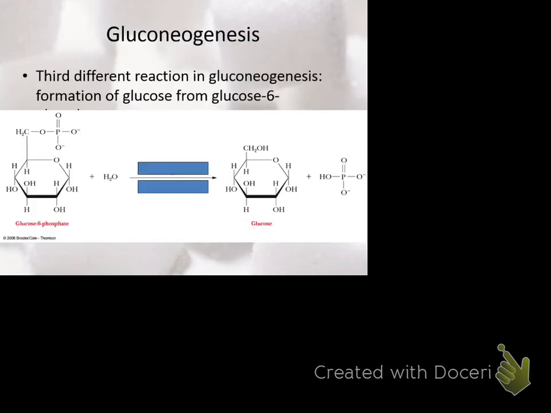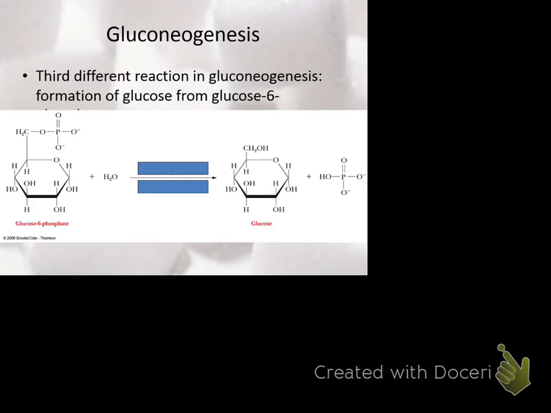Okay, now we have made it all the way up to the very first step of glycolysis, which was hexokinase here. But we've got to be able to go around it because it was a checkpoint for glycolysis. So this takes glucose 6-phosphate, technically with a nucleophilic water, and it gives off inorganic phosphate and glucose.